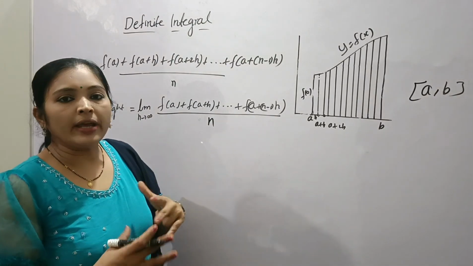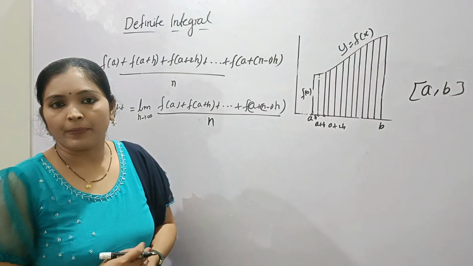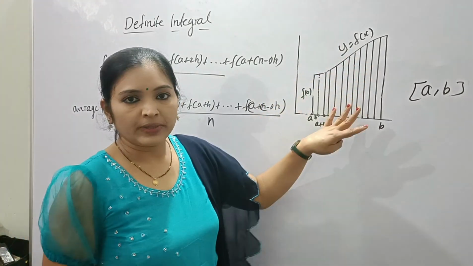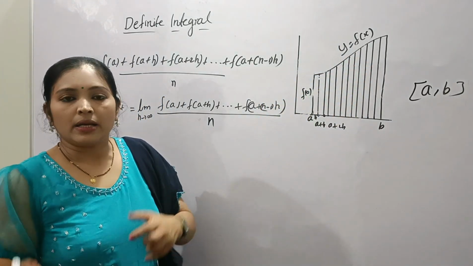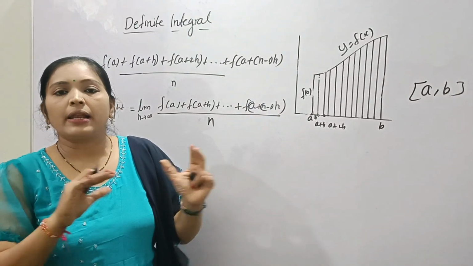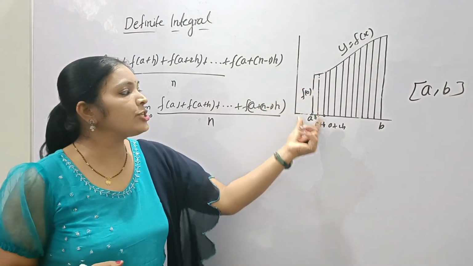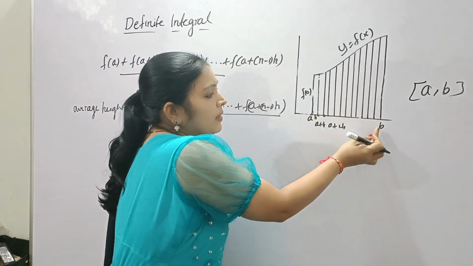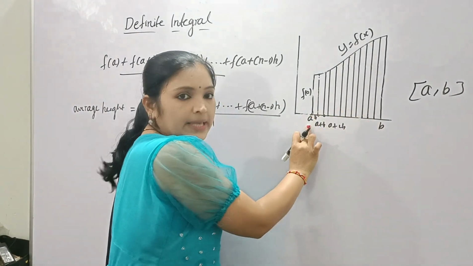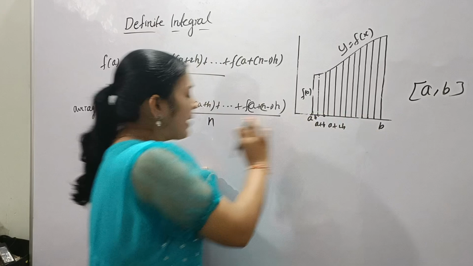Now we can find the area. The area of this region is the area of a rectangle, which is length into width, or height into width. So what is the width? This width is b minus a, right?